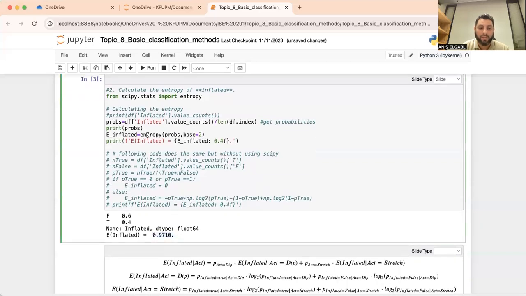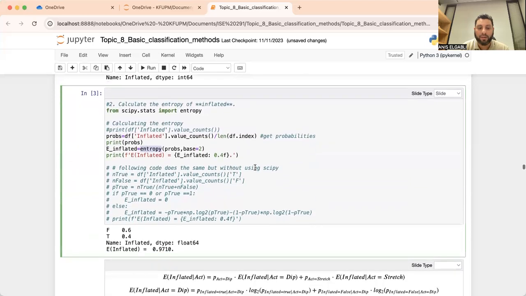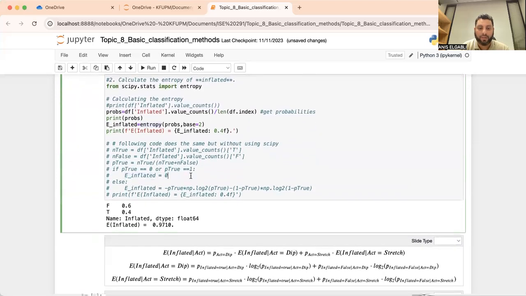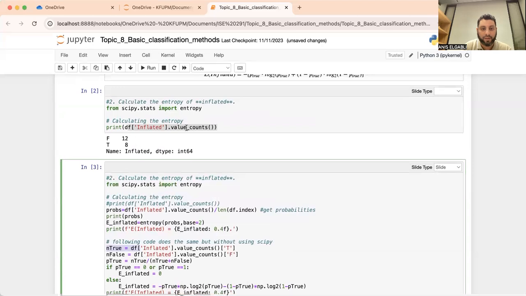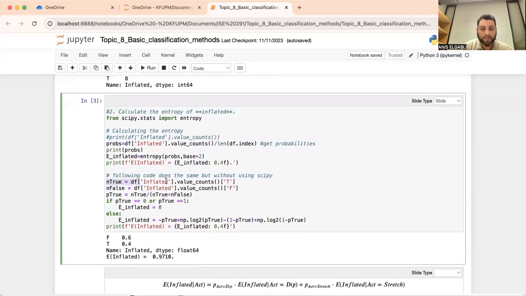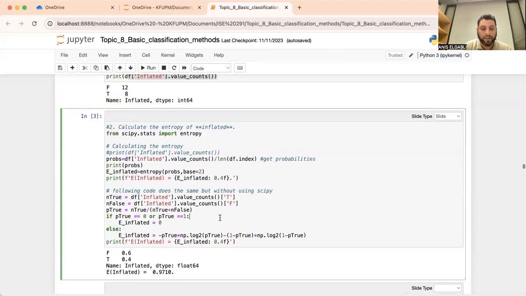So here we call the entropy function, which is going to actually compute this equation if the probability is not 0 or 1. And if it's 0 or 1, it's just going to return that the entropy is equal to 0. That's what this function does. But we also can do it ourselves. If I uncomment this here, from the return of value counts, we can compute the number of truths and the number of falses, and then the probability of true is equal to the number of truths over the total number.